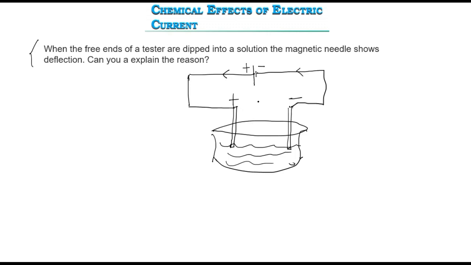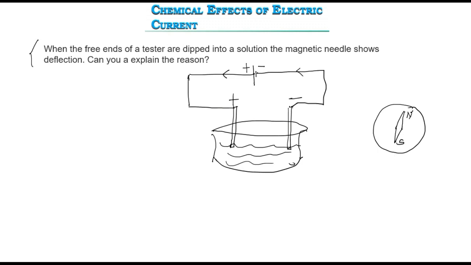Alright, now when the current moves through this solution, alright, imagine that you have placed a magnetic needle just above this wire. And you know what a magnetic needle is? You have studied it in the previous classes. A magnetic needle contains a small magnet which always shows north and south direction.